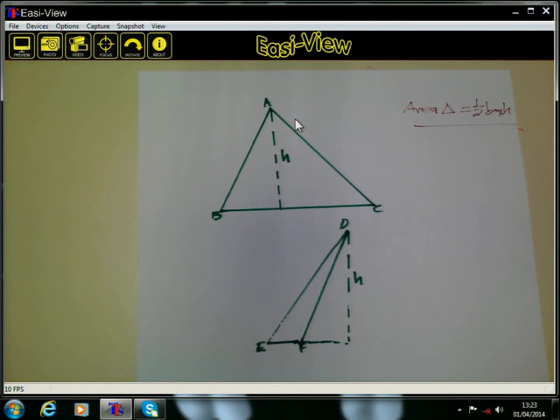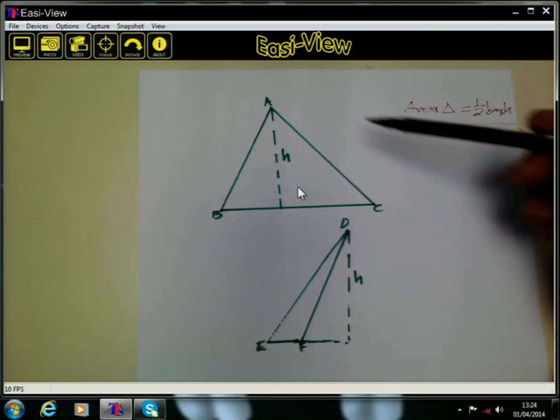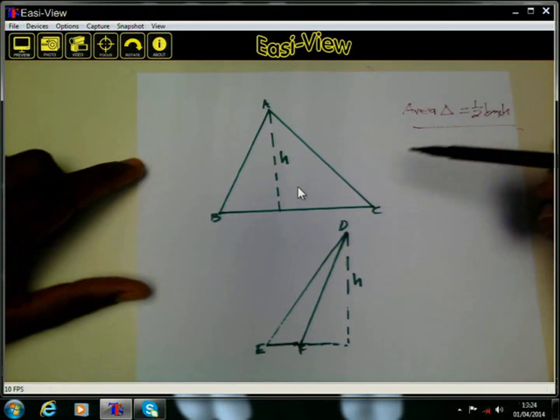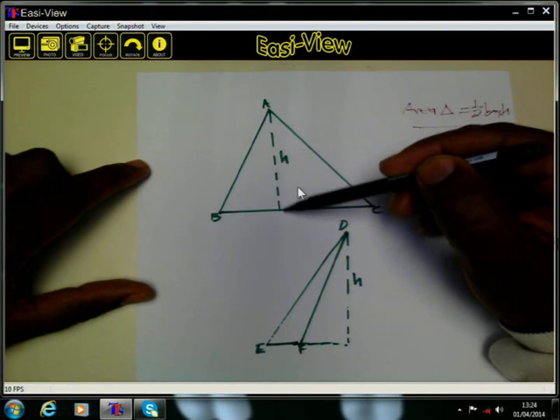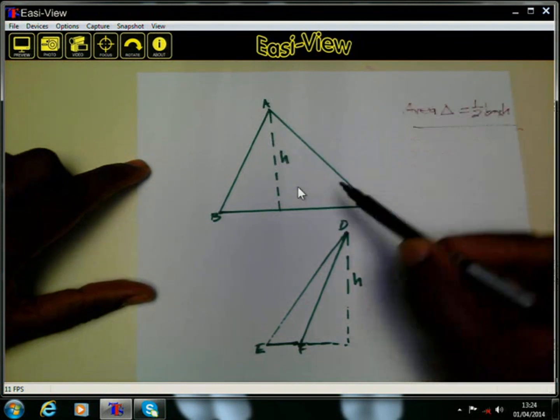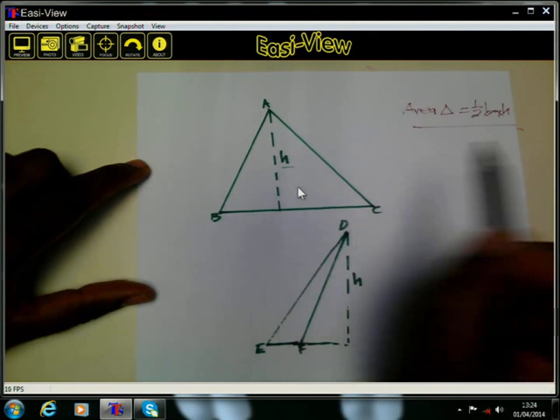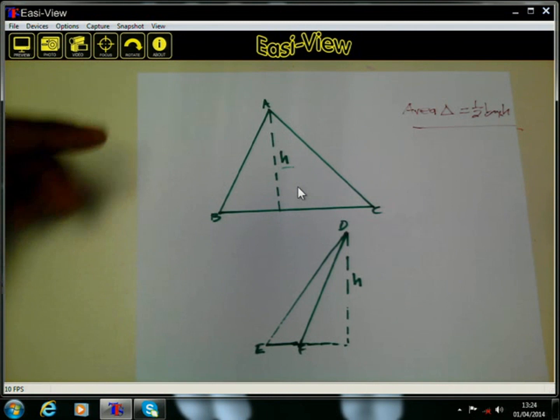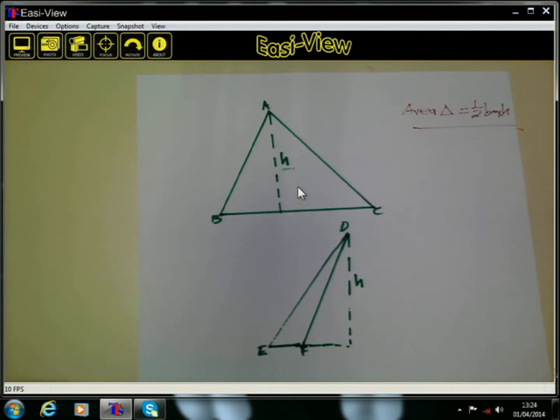Now let us quickly look at triangle ABC and check the sides that will be referred to as the base and the height. This is going to be our perpendicular height, denoted H. Why do we say it's perpendicular height?